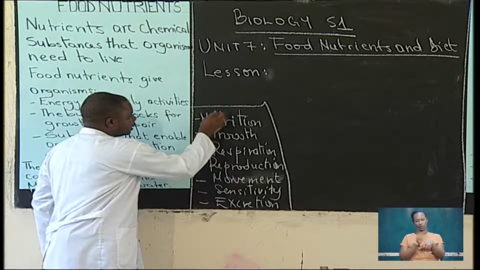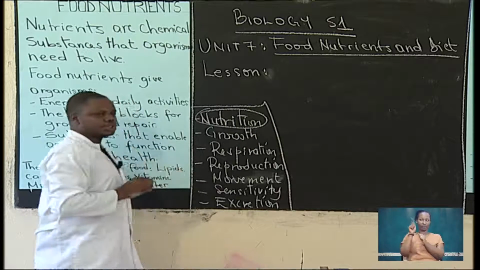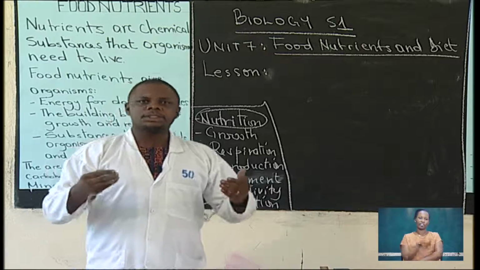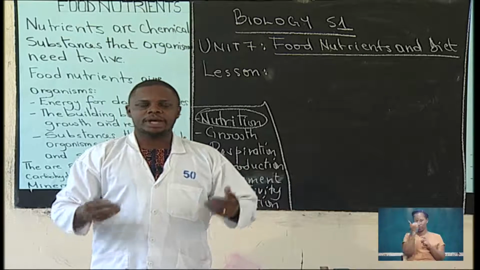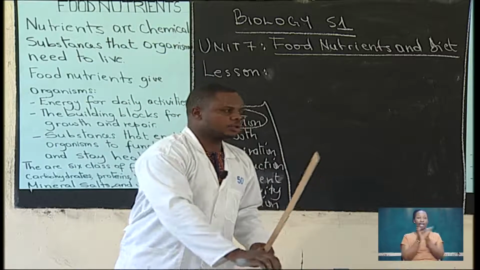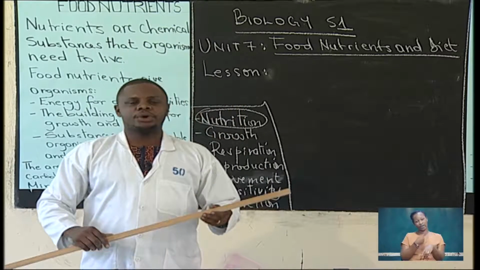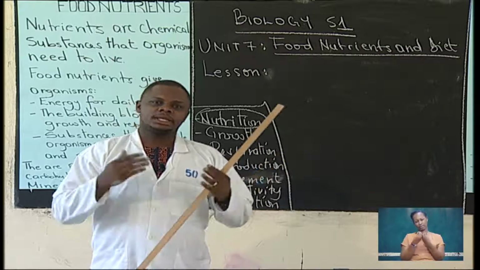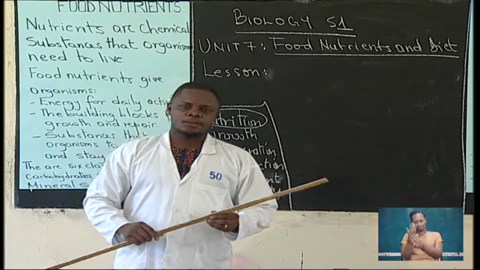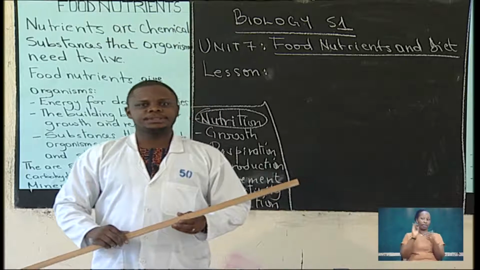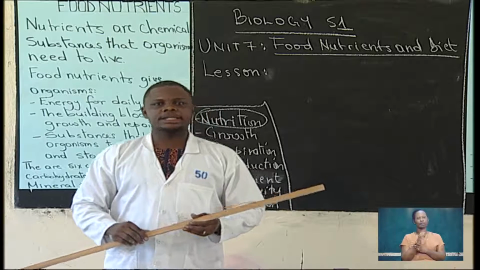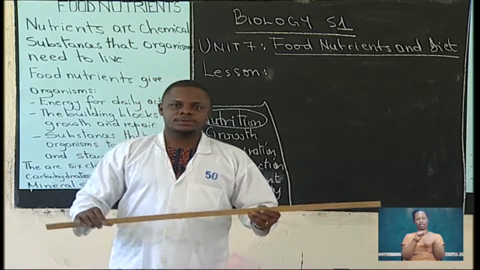When we start with this one, nutrition, there are different reasons why organisms feed. And as you know, when we talk about organisms, we mean animals and plants. Some of these organisms make their own food. Others depend on other organisms for food.